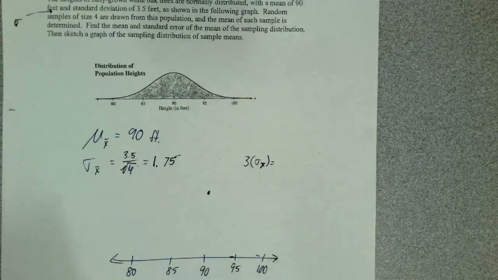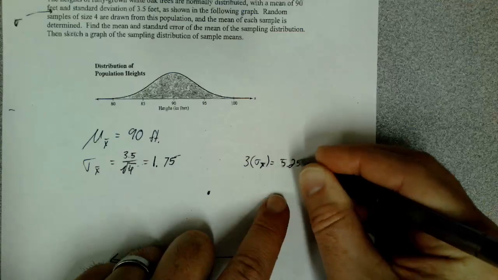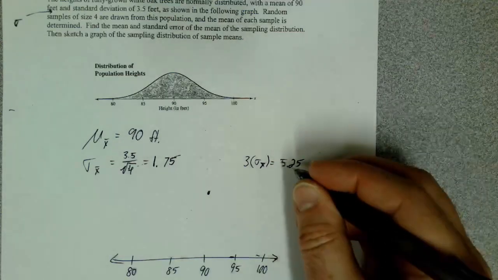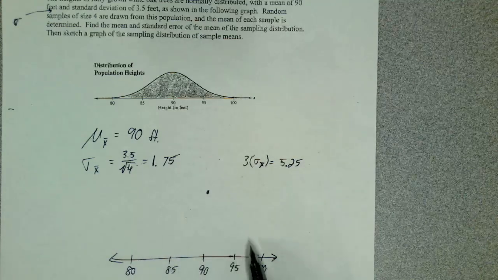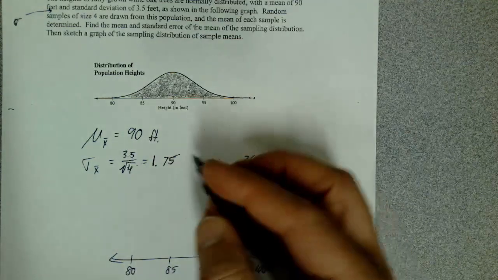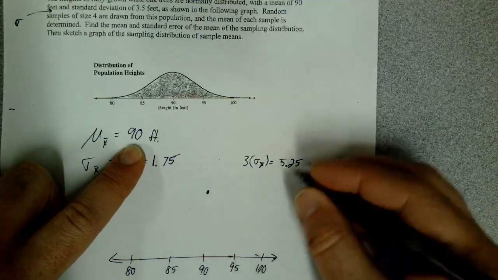So we have 1.75 times 3. So let me grab my calculator here. 1.75 times 3 gives us 5.25. And that's the distance we're going to travel overall in either direction. So I'm going to subtract it to go left and add it to go right from that 90. So 90 plus 5.25 is going to take us to 95.25.